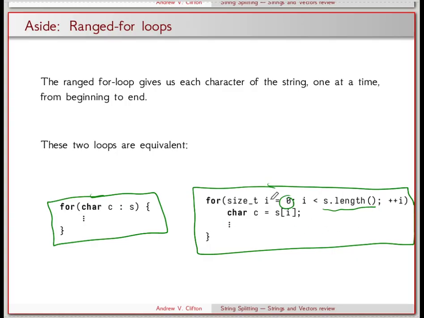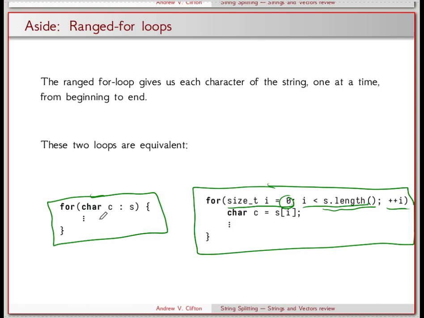You've probably written this style of loop, where i equals 0, i is less than size or length or whatever, plus plus i. You've probably written that a million times. That's how we normally want to access things in a vector or a string. So the ranged for loop is just a shortcut for that sort of thing.